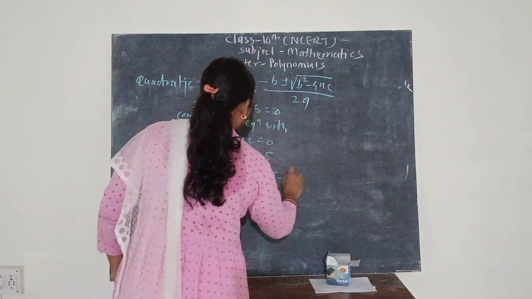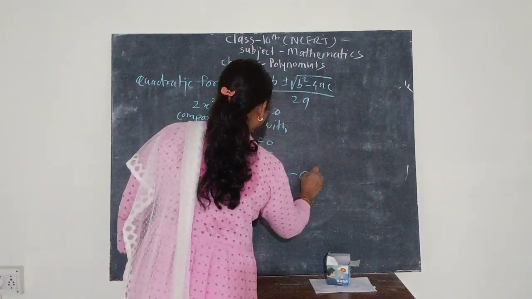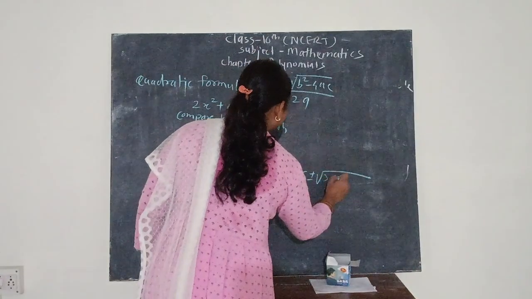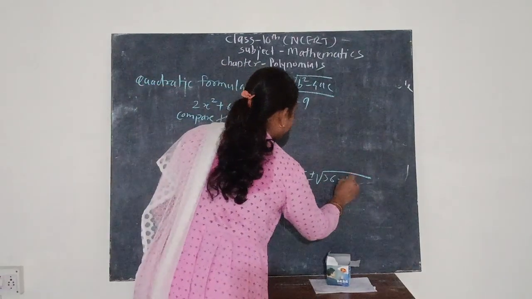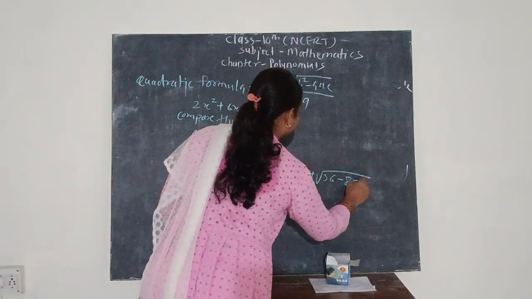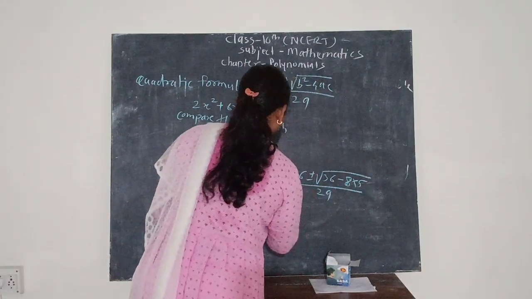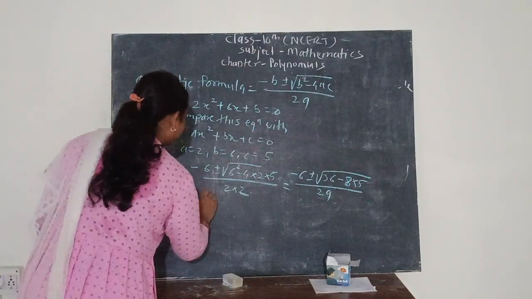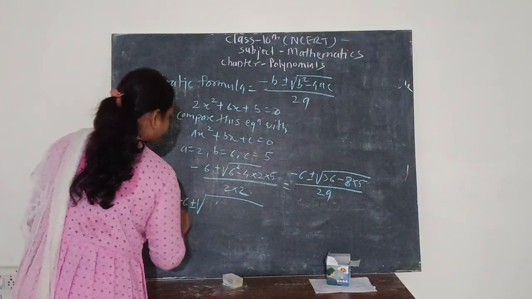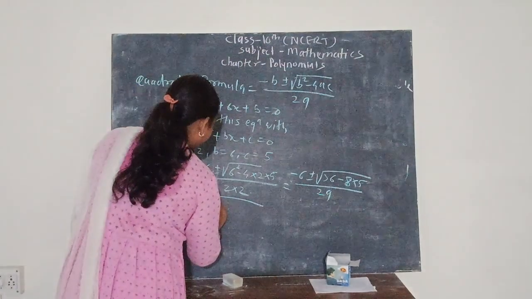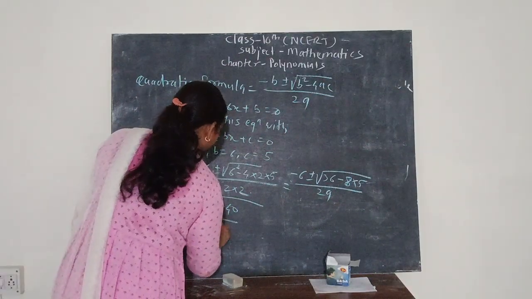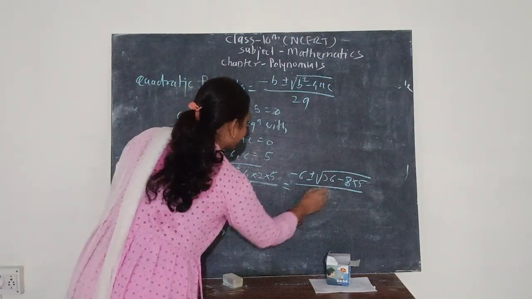Now solve this: 6 square is 36, 4 into 2 is 8, into 5 is 40, upon 2 into 2 is 4.